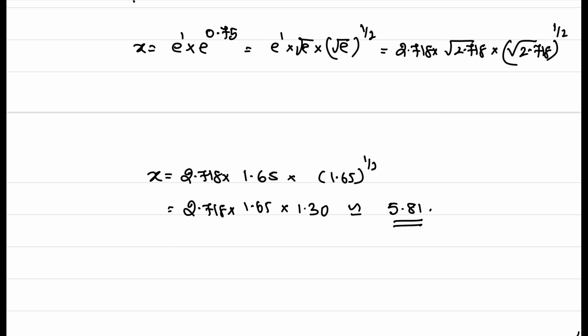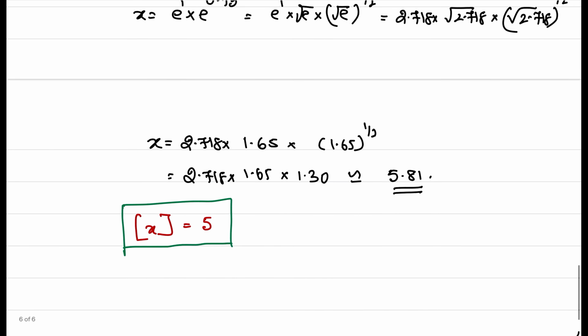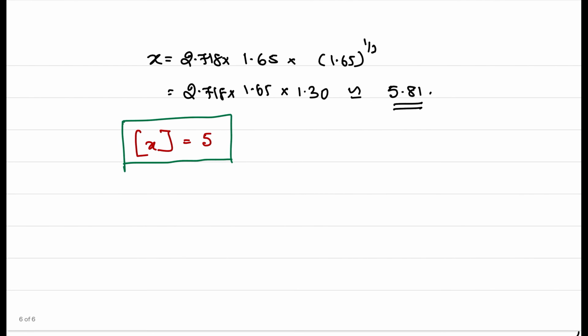Then what will be the value of greatest integer x? Greatest integer of x is equal to 5. This is the answer. If anything like this is given in JEE Advanced, to put the value between 1 and 10 in multiple choice questions, the answer for the greatest integer is 5. Why is greatest integer asked here? Because you are doing without a calculator. You can have a leverage of some fractions, some decimals.